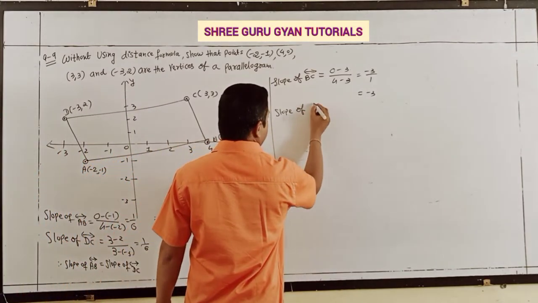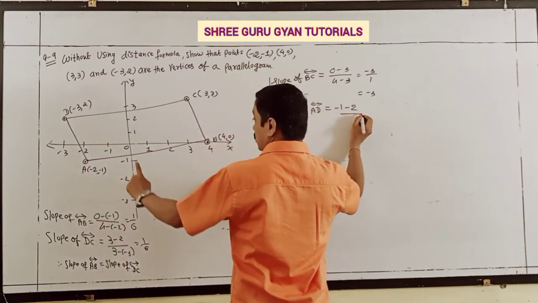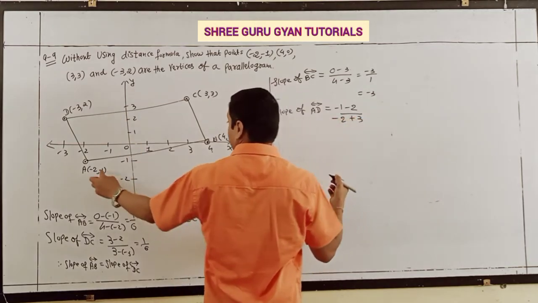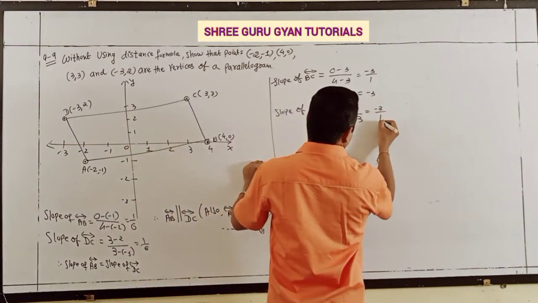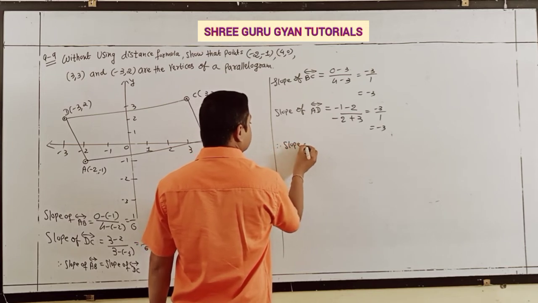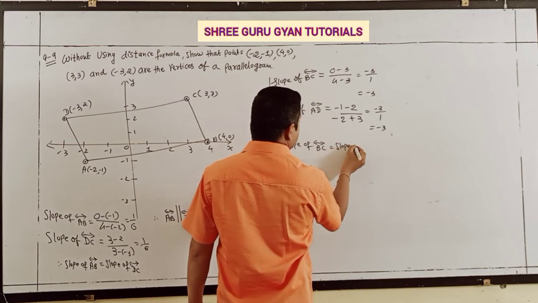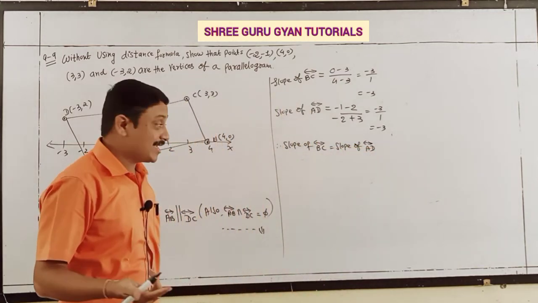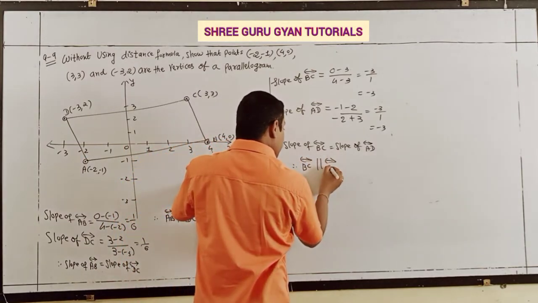Slope of AD, I mean DA: -1 -2 over -2 plus 3, which is -3 by 1, -3. It means the same. So slope of line BC is equal to slope of line AD, and they are the same. So BC is parallel to AD.